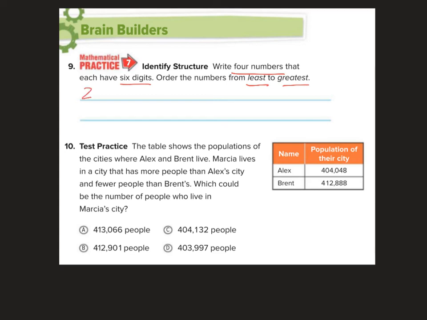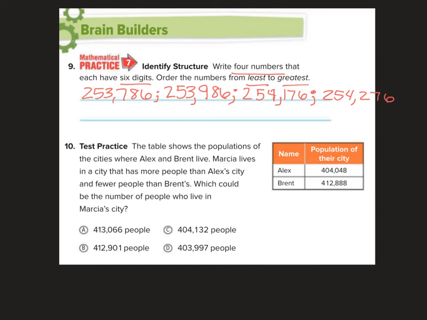So let's do 253,786, 253,986, 254, oops, I don't need a semicolon yet, 254,176, and 254,276.